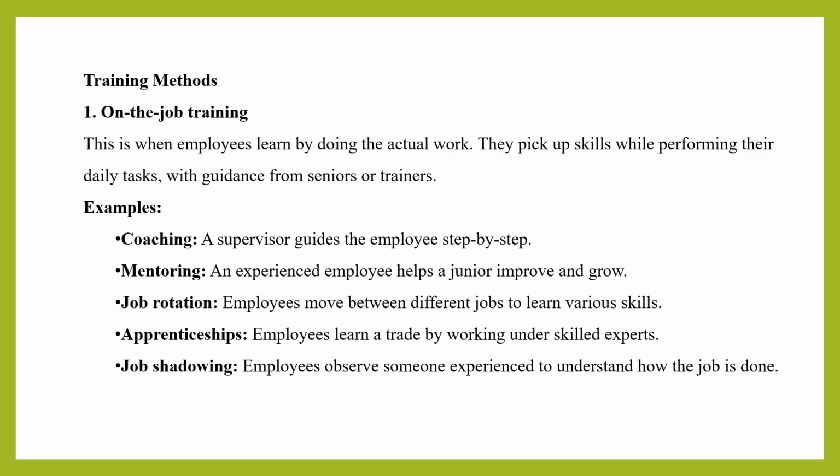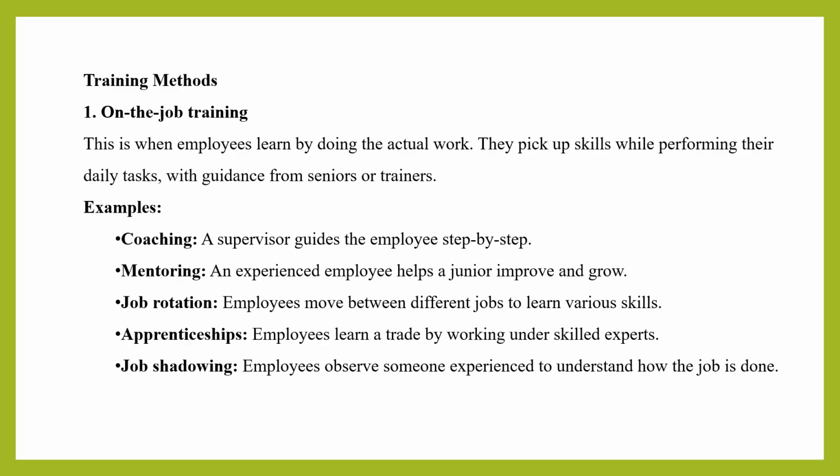Now, the different types of on the job training methods are: first one is coaching. A superior guides the employee step by step. Second one is mentoring. An experienced employee helps a junior to improve and grow. Third one is job rotation. Employees move between different jobs to learn various skills.